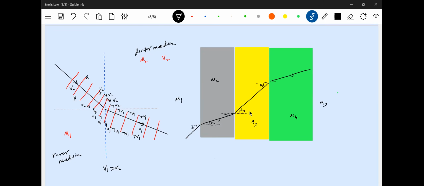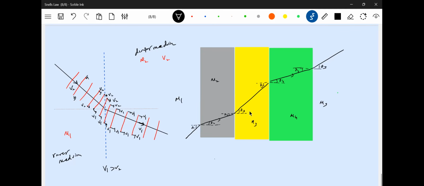So it will bend, and let this angle be theta 4. This is theta 5. So if a ray of light encounters multiple interfaces, what method has to be applied here?